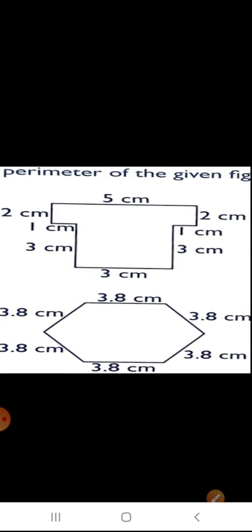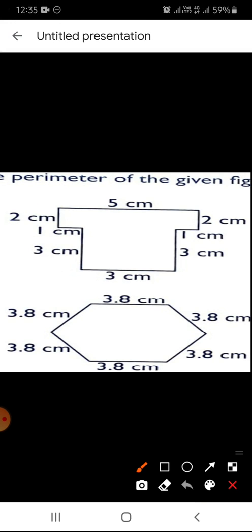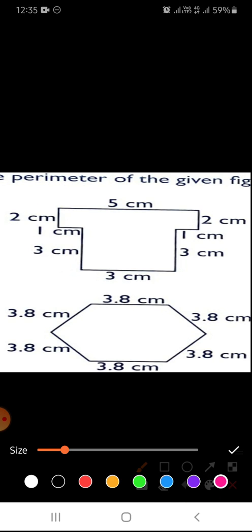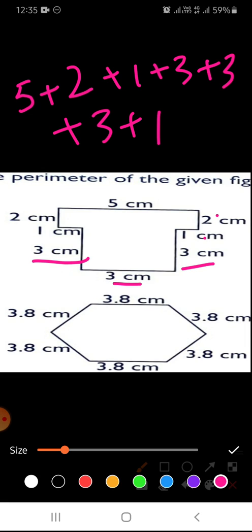Here also you have to find the perimeter. So how you will find the perimeter? It's very easy. What we will do, we will add all the sides. It will be 5 plus 2 plus 1 plus 2 plus 1 plus 3 plus 3 plus 3 plus 1 plus 2.